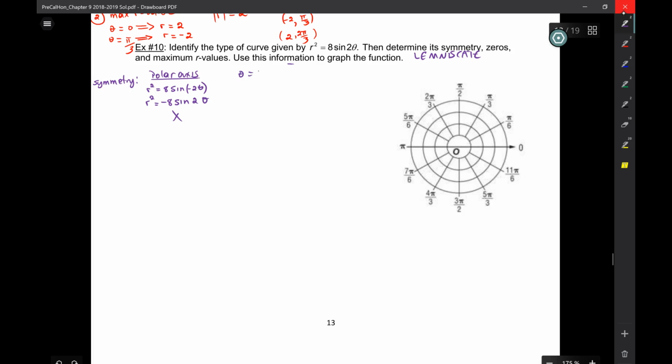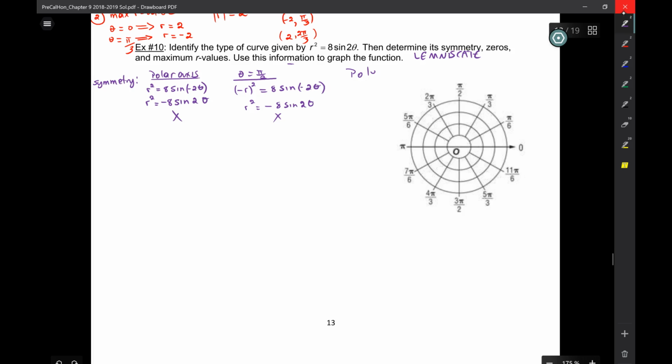Now we have theta equals pi over 2. For theta equals pi over 2, I change r to negative r, theta to negative theta. So I say negative r squared. Is this equal to 8 sine negative 2 theta? r squared is negative 8 sine 2 theta. Nope, doesn't work.